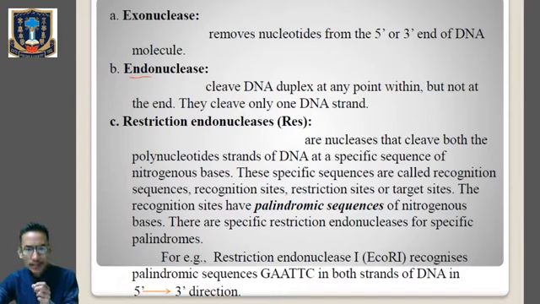Then next one, this restriction endonuclease will clip the DNA molecule at a specific sequence of nitrogenous bases. That means only a specific sequence of nitrogenous bases will be recognized by the restriction endonuclease. It will not recognize any type of base sequences, but to clip the DNA molecule, it has to recognize specific nitrogenous base sequences.